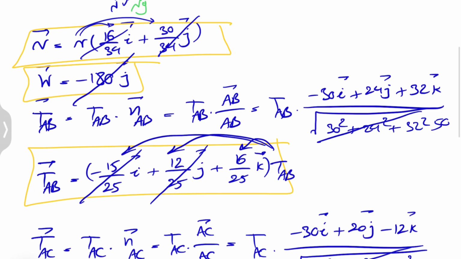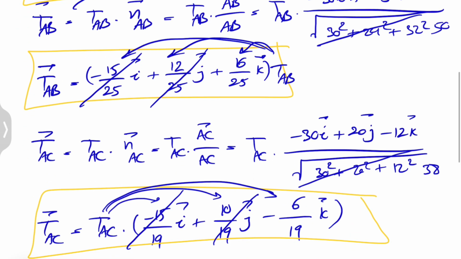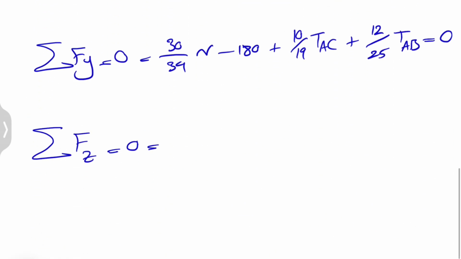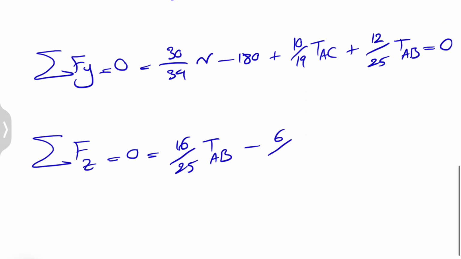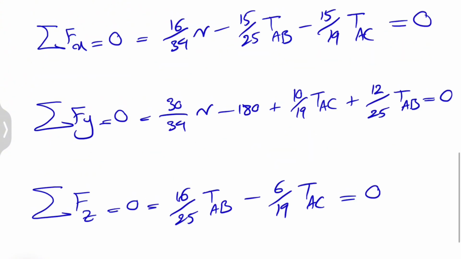This should be easier because n is already out, W is out, so we are left with TAB and TAC. 16 over 25 TAB and minus 6 over 19 TAC. And now we have to solve this one. So what we can do in here for solving this, we can find n in here based on TAC and TAB.